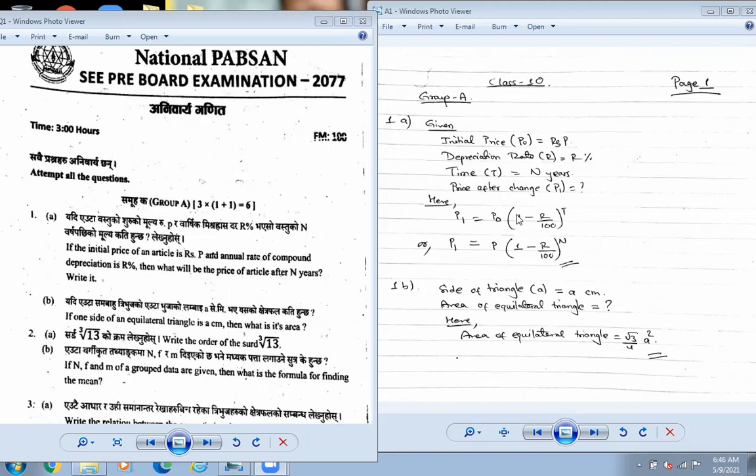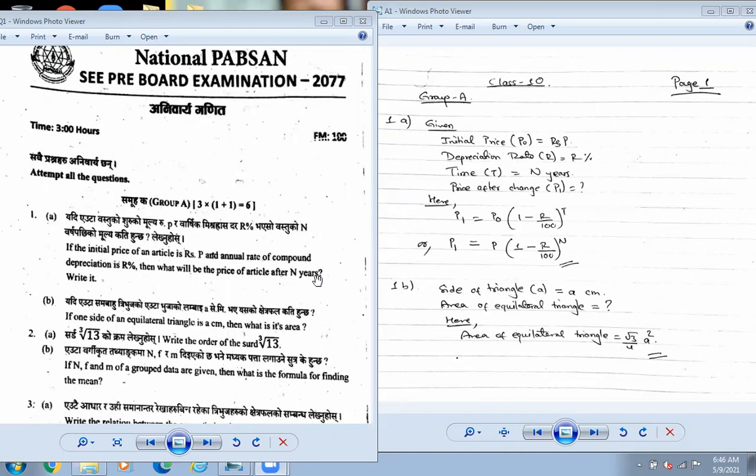P1 equals P0 times (1 minus R by 100) power T. So let us use the values. P1 equals P, bracket 1 minus rate, R divided by 100, power time, which is n. We do not need to take the LCM, we can leave it like this. So that is the formula of question number 1A.